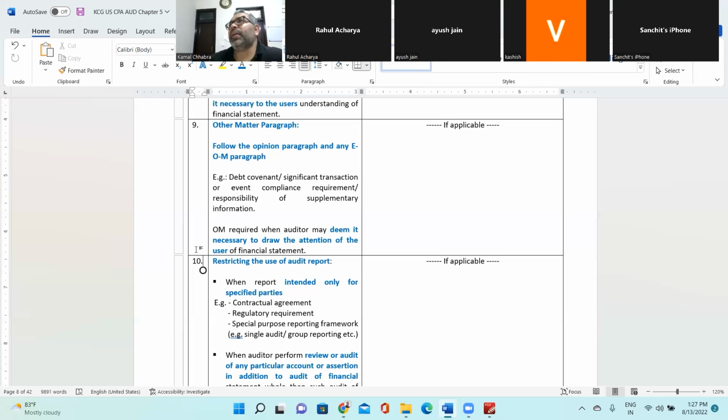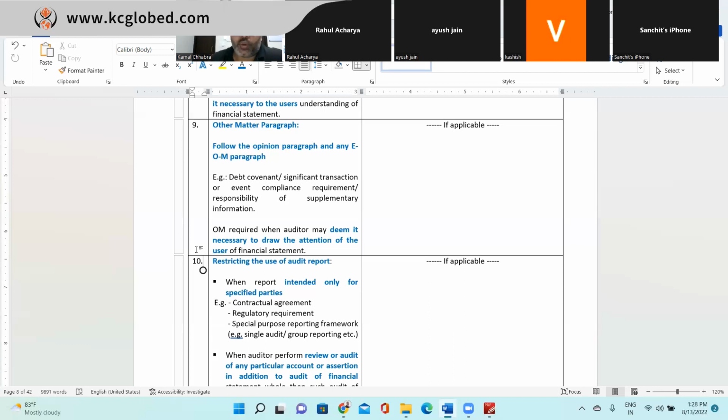Or maybe let's say you have one significant customer. For example, I was auditing a company called Aurangabad Electricals Limited. 90% of their sale goes to Bajaj Automobile. So Bajaj is their significant customer, right? If for any reason Bajaj stops buying from Aurangabad Electricals, it may result in a going concern issue for them, right?